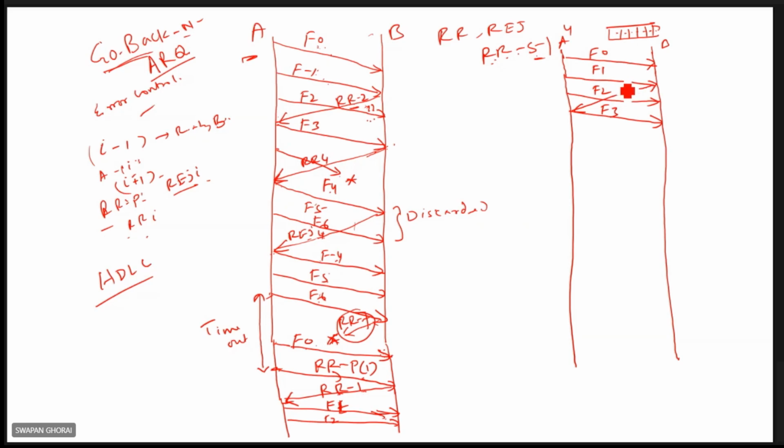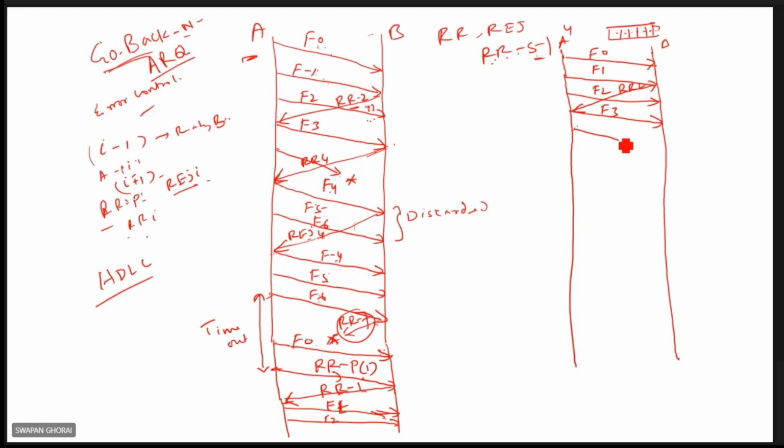Now you tell me, Pinky, what it should be right here. What should the acknowledgement be? RR2. Exactly, RR2. It has received 0, 1, next is RR2. By the time it reaches here, it will send F3 also, F3, F4. At least one or two frames it will transmit. So F3, F4, same problem as before.